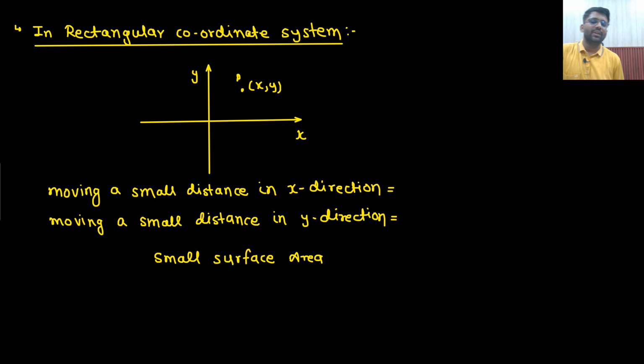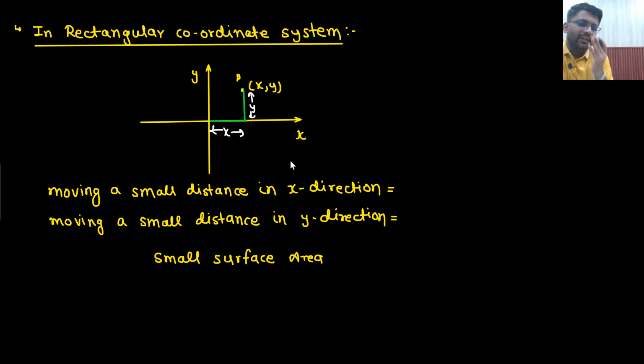Okay, so what are we going to study about? We are going to study about the rectangular coordinate system. So if I want to move a small distance in the x direction, let's just say I am at point P. If I am at point P, that means I have walked a distance x and I have walked a distance y.